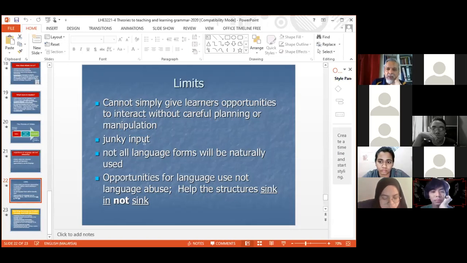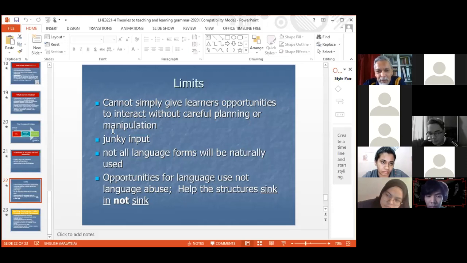Okay, if we don't design this carefully, then there's this thing which is called junky input. Okay, whether you believe me or not, there was someone who felt that group work or pair work is not useful in learning a language because they feel that it's going to lead to junky input.